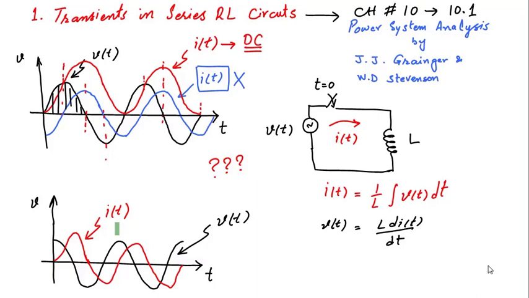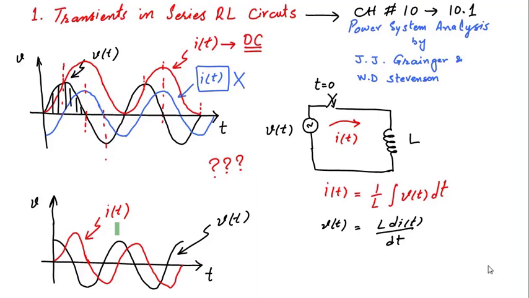We have a maximum DC component but with negative magnitude. Similarly, if switching takes place at the negative peak value of the voltage waveform, again the current will be perfectly sinusoidal and there will be no DC offset here. The current will be symmetric about the time axis, and this is the reason.